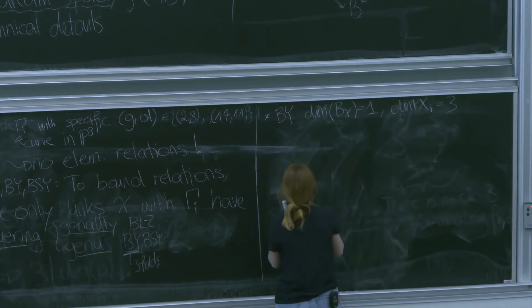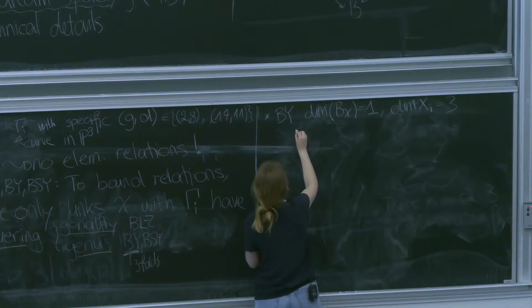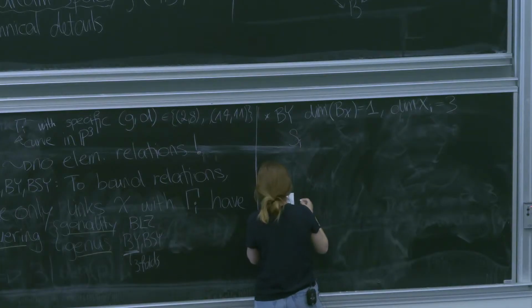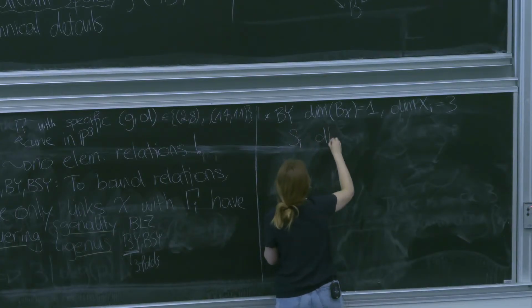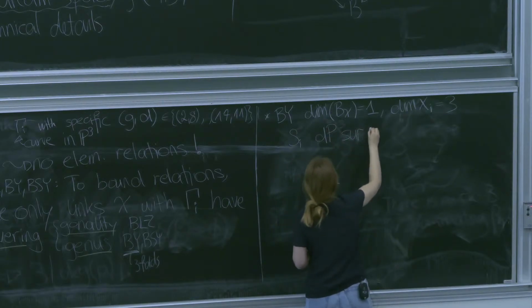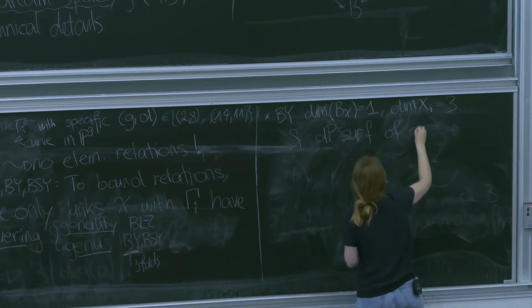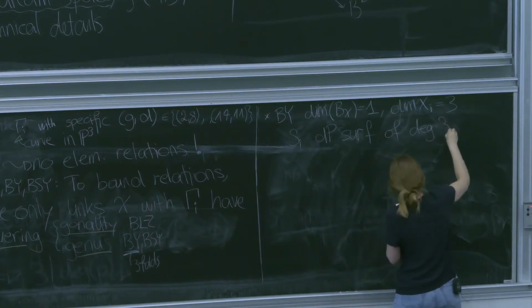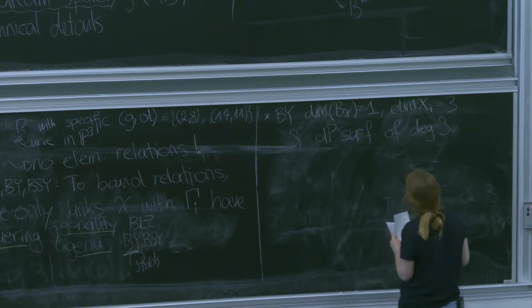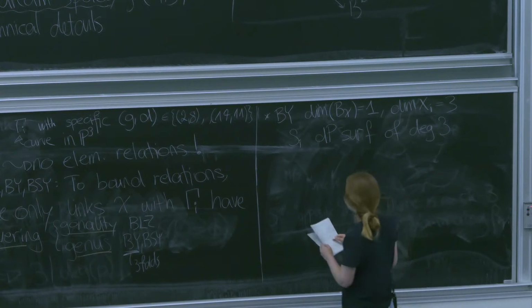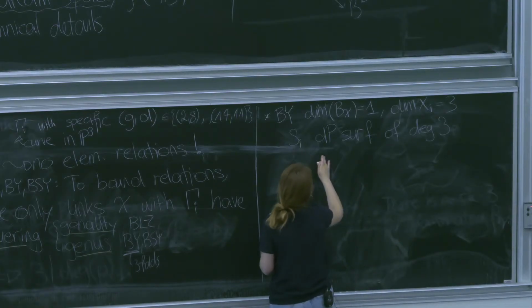What they take is such that the generic fiber S_i is a Del Pezzo surface of degree 3, and such that the induced link between these Del Pezzo surfaces of degree 3 is as follows.